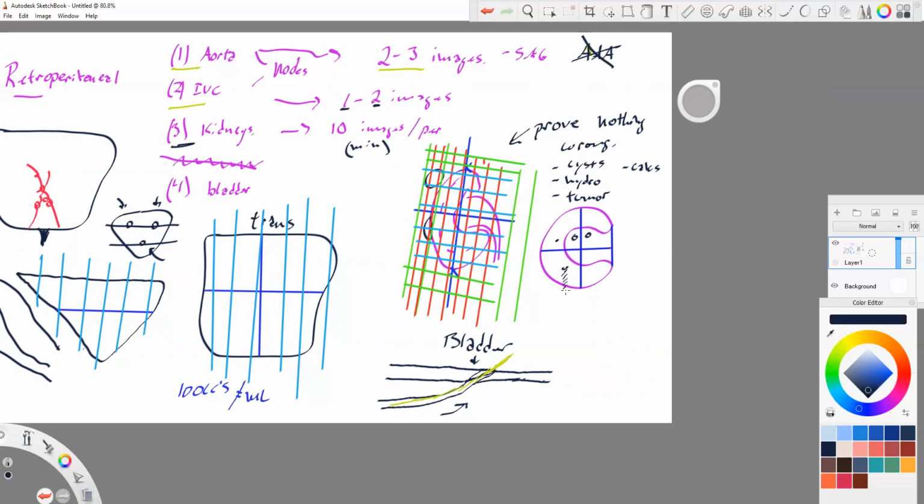If they're shadowing, then it's an actual calculus, and you can call it a calculus. If these other things are not shadowing, you could say non-shadowing bright echo seen, but make sure you say non-shadowing, because you don't want to give the impression of a calculus when it's actually not. And then there are a number of, I'm just going to put meta for metabolic issues.